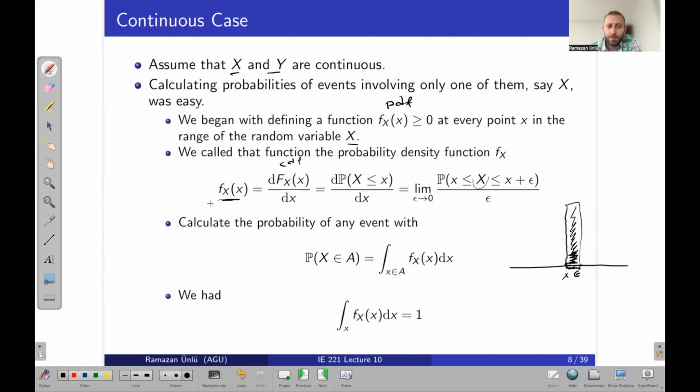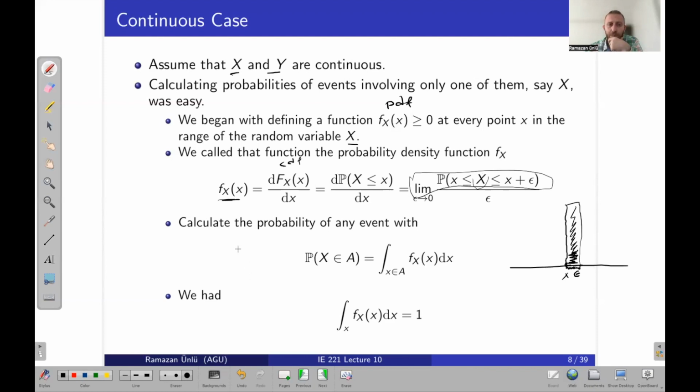The PDF times epsilon will give me this, which is equal to the CDF. That is the basic logic when we talk about the CDF.